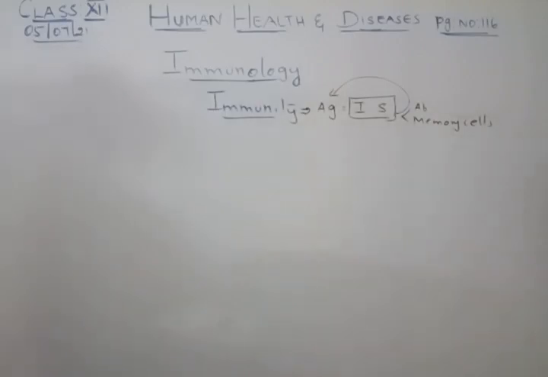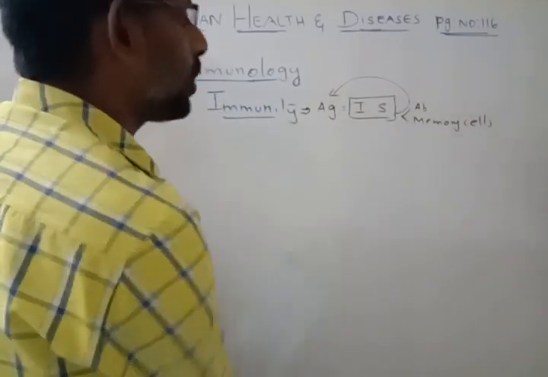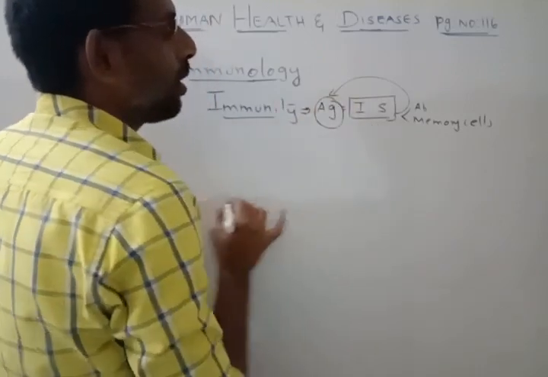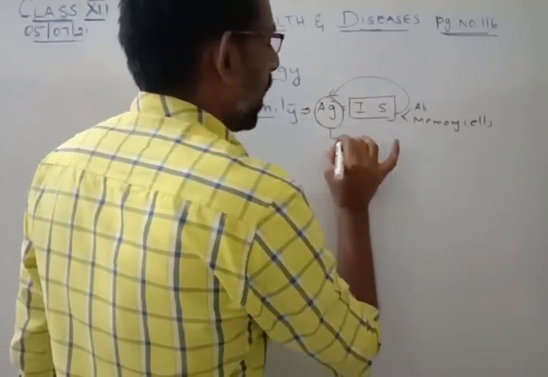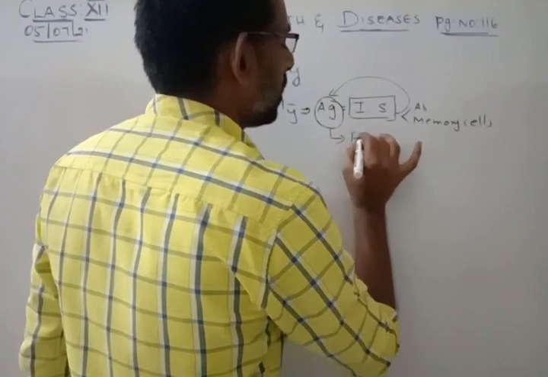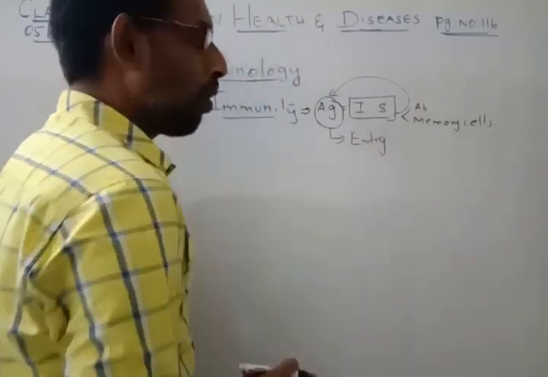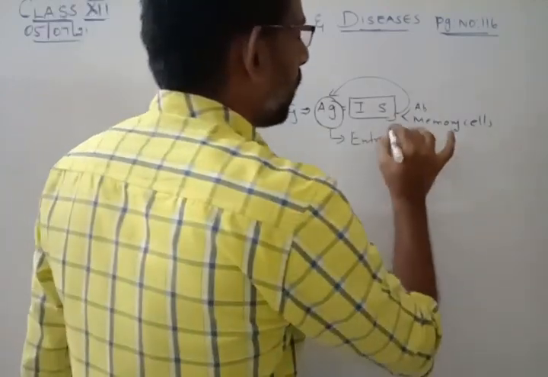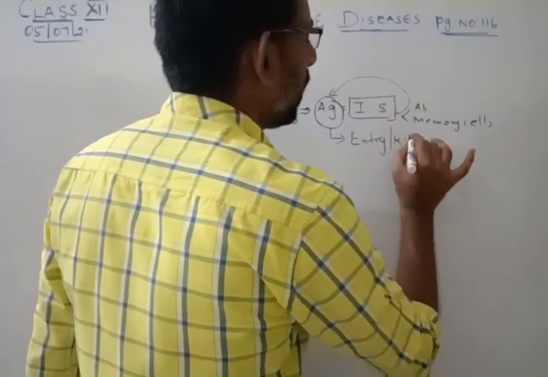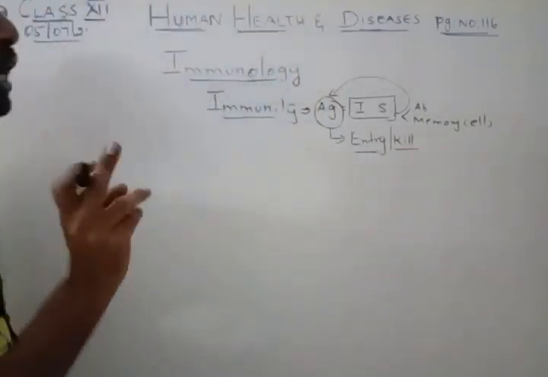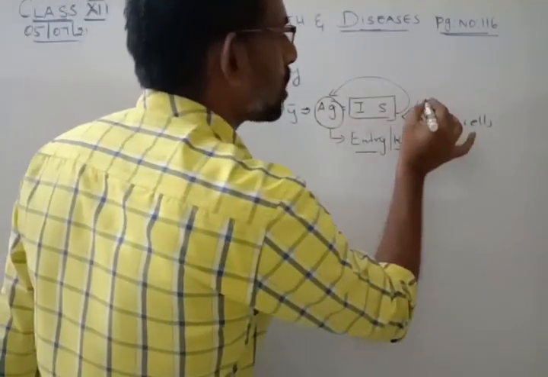The ultimate aim of this immunity is to prevent the entry of the antigen into the host body, or to stop the infection, or to kill this antigen.